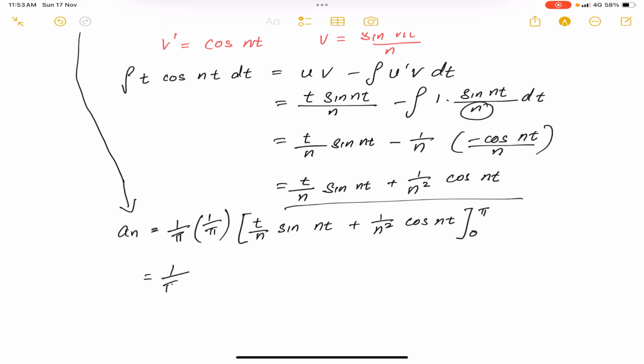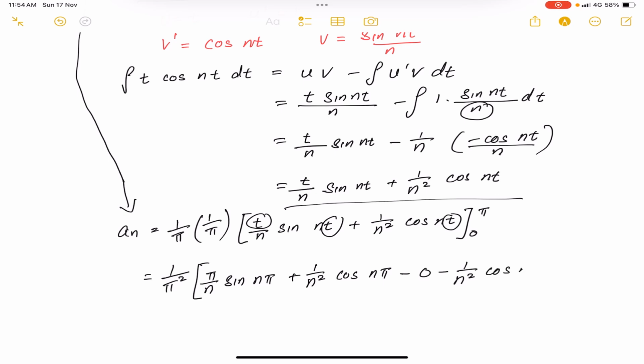Okay, you substitute the t with pi. So pi over n sine n pi plus 1 over n square cos n pi. Then you minus with the t substitute with 0, so everything will get 0. So minus, minus and plus, you get minus 1 over n square cos n0.